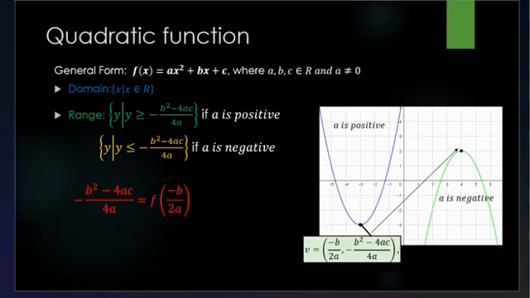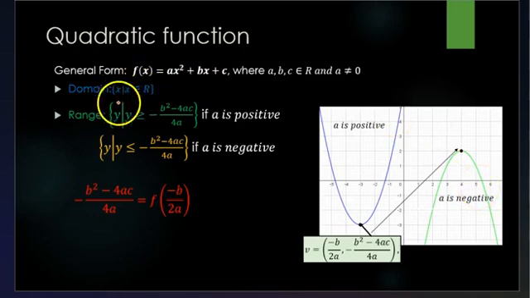Next is a quadratic function. A quadratic function is of the form ax squared plus bx plus c, again where a, b, and c are any real numbers, and a will not be equal to 0, because if a were 0, then we would be left with our linear function. So the quadratic function will have a graph of a parabola either opening upwards or downwards.